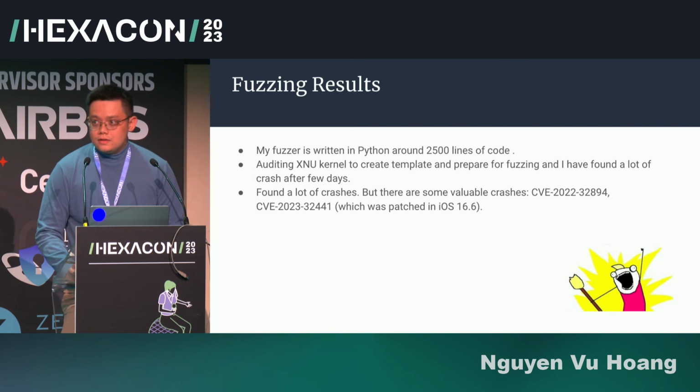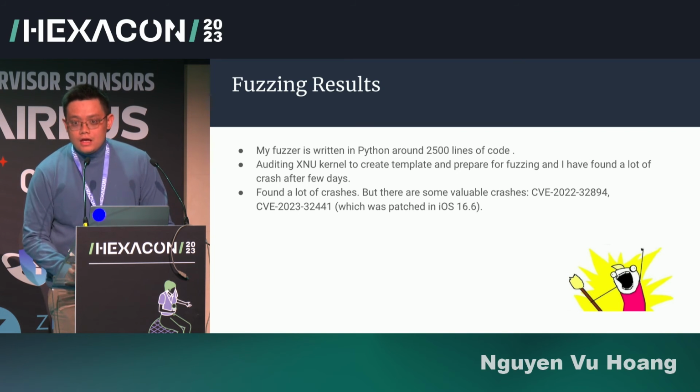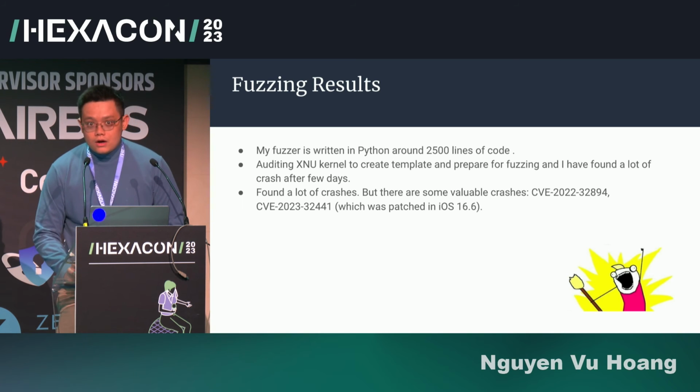But there are some still valuable crashes that I will share with you. The first one I will mention later in the third part. And the second one was patched 2 months ago. And this is another interesting case, but because of the time limitation, I will share it later.